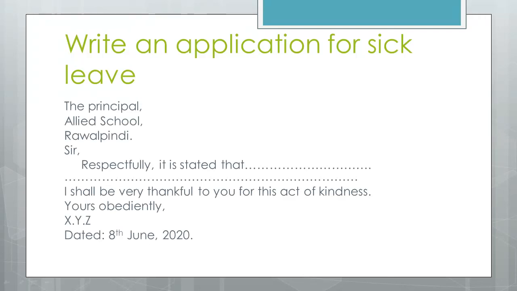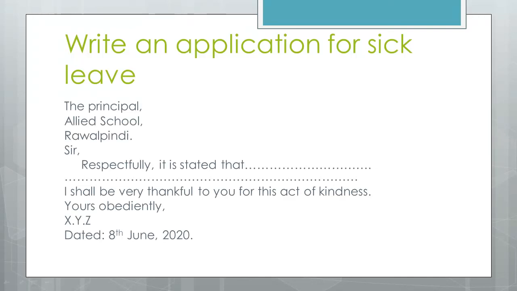Next important part is when we address the person to whom we are writing. If he is male, we will write sir. If female, we will write madam. So, we will start with the principal, comma, Allied School, comma, Rawalpindi, full stop. Then we will write sir, then comma.